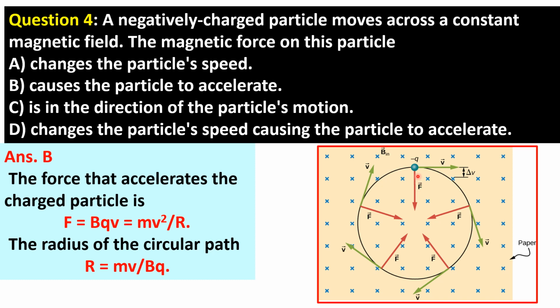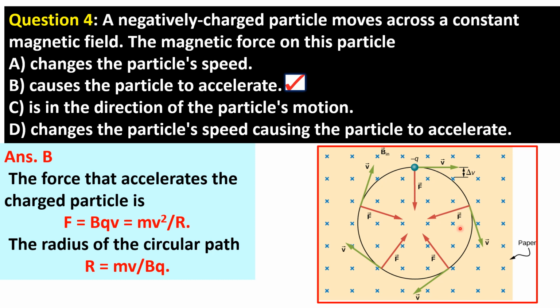Now, what if the charge is already at this point? Again, using your left hand slap rule, where the velocity is tangent, that is where your thumb should be pointing, and the magnetic field is still into the screen. Again, your palm will be pointing towards the direction represented by the red arrow.